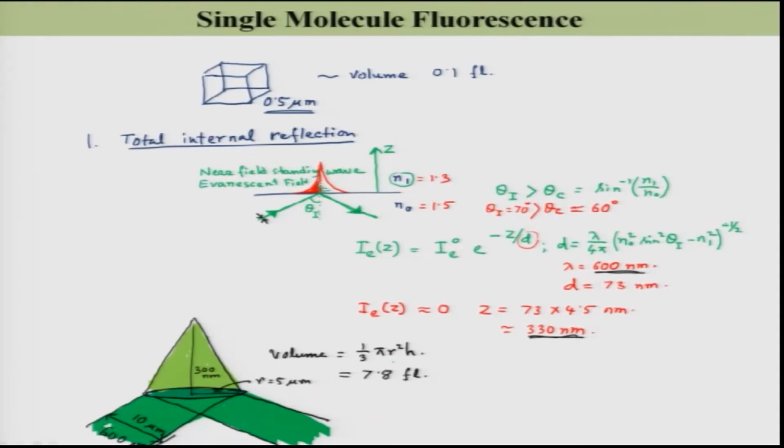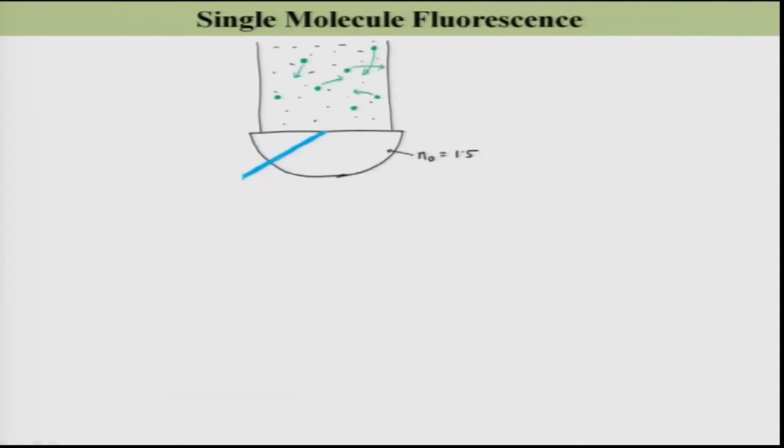So, you want a very tightly collimated beam, and that is going to be reflected like this way. So, if my drawing is okay, it will be like this. So, here is your incoming, here is your outgoing after total internal reflection, right.